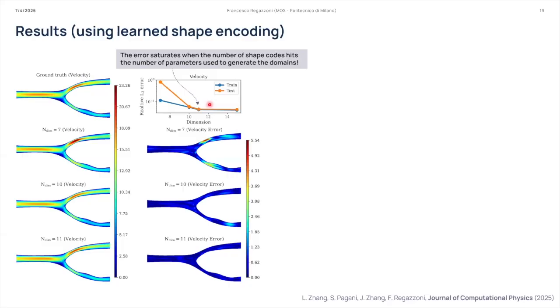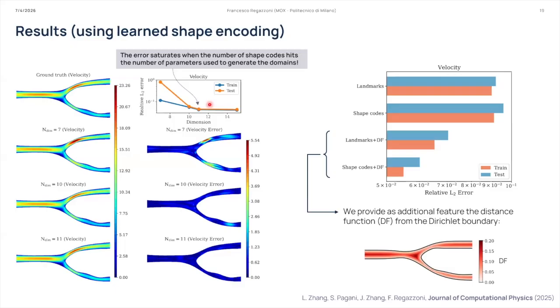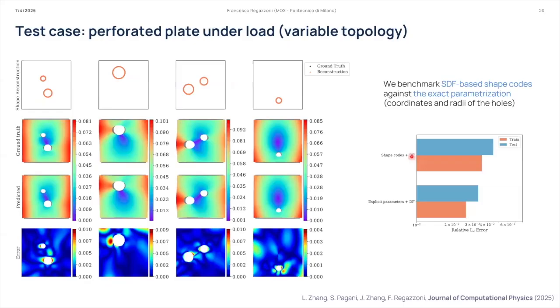So we somehow were able to extract a parameterization that is equivalent to the exact ones. And here we compare the accuracy that we can get with learned shape codes compared with manually extracting landmarks, and we can see that we can outperform the accuracy that we can have with manually extracting landmarks.